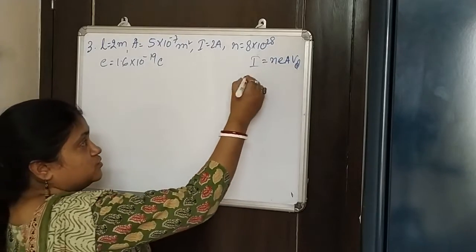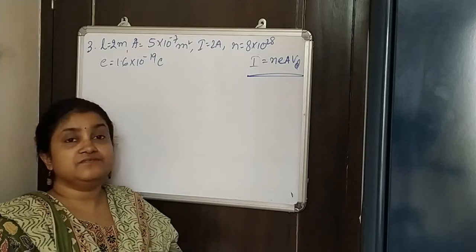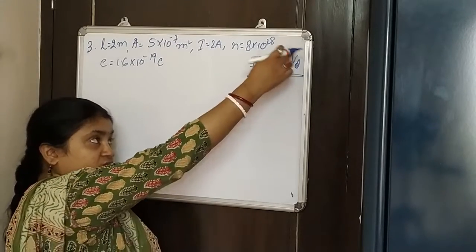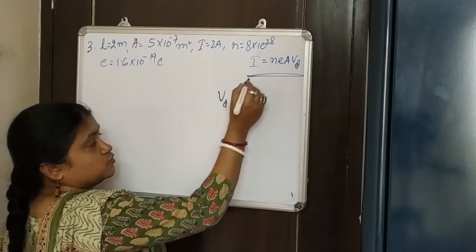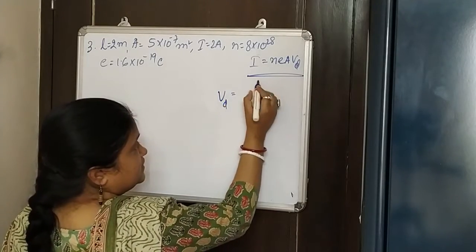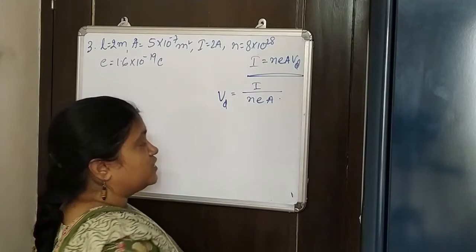So as we know, the formula is I is NEAVD. From here we find the drift velocity. So from this formula we can write VD is I divided by NE into A.